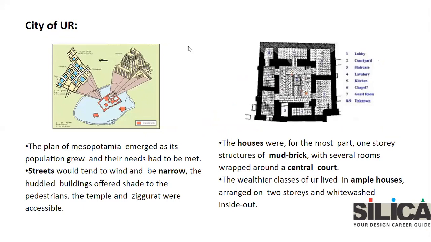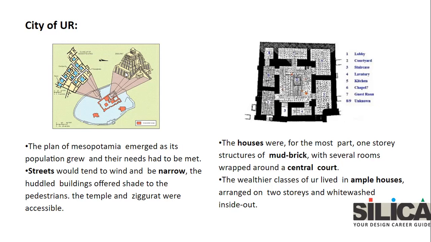Now, the city of Ur: the plan of Mesopotamia emerged as its population grew and the needs had to be met. Streets would be winding and narrow. The huddled buildings offered shade to the pedestrians. The temple and ziggurat were accessible.